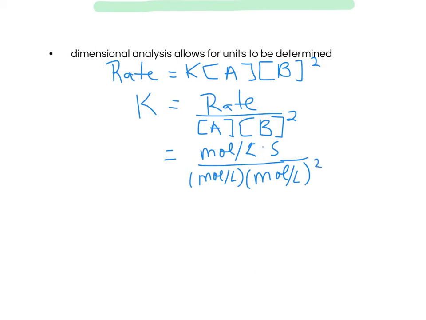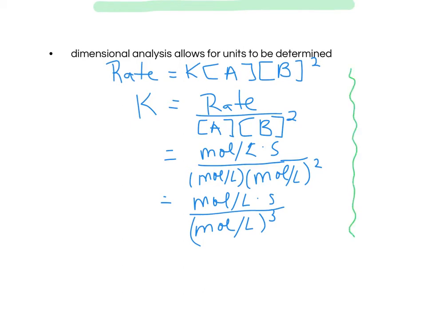Okay, so I'm going to simplify this a little bit by saying moles per liter per second divided by moles per liter cubed. And now this is where I'm going to remind you of some elementary level math. I think I'll just do this on the side over here. You'll remember if you were dividing fractions, which is essentially what we're doing here.